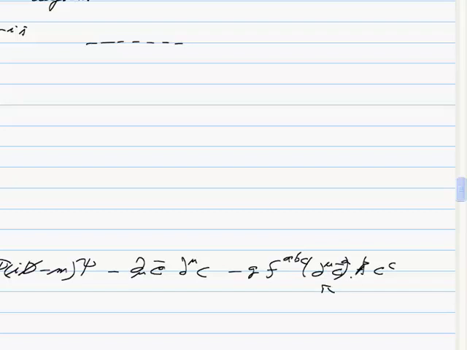Previously the derivative acted on both A and c. I integrate by parts. It acts just on c bar, so it acts on the outgoing field. So the Feynman rule that you'll see come out has only the outgoing momentum in the Feynman rule.